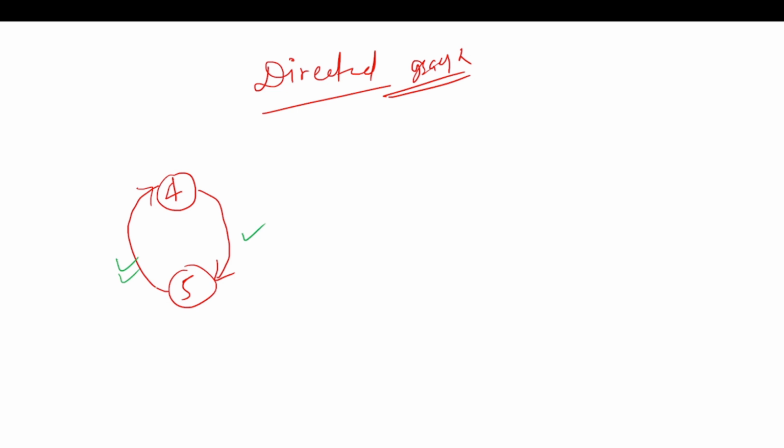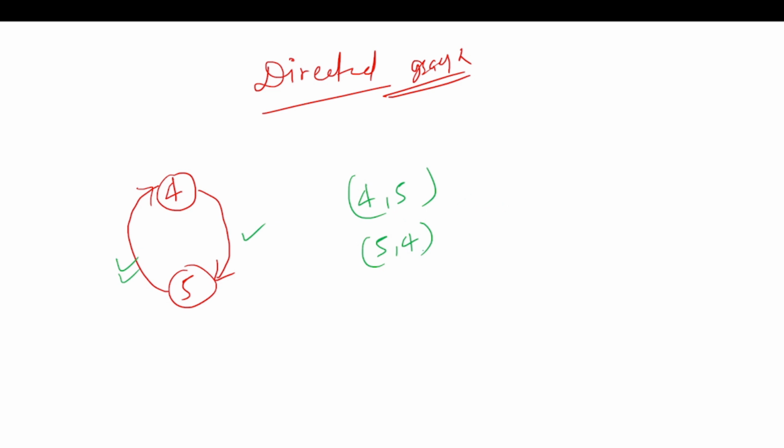So when the edge x comma y is not identical to edge y comma x, right? So here what will happen? It's not identical. When we talk about 4 comma 5 and 5 comma 4, both are not identical. Why not identical? Because we have given direction.